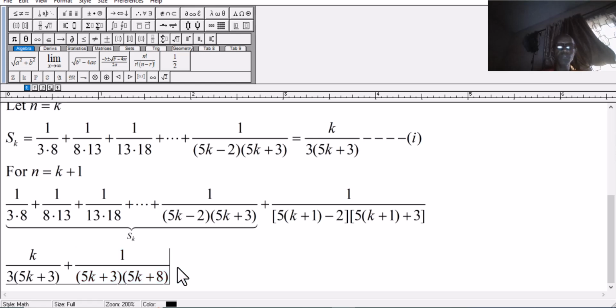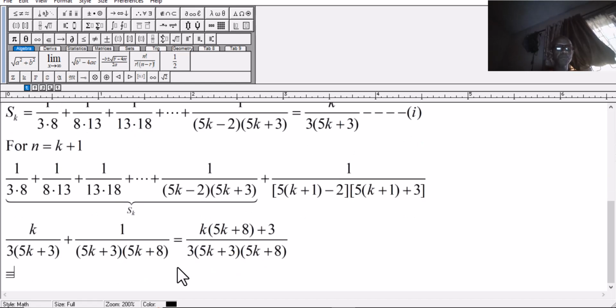So what we need to do is to find the LCM. The LCM will be 3 into 5k plus 3, bracket closed, 5k plus 8. So we have k into 5k plus 8 plus 3. So that will be for that. So simplify this further.